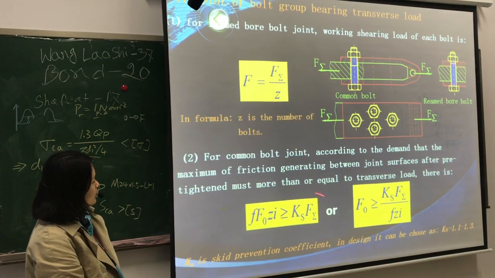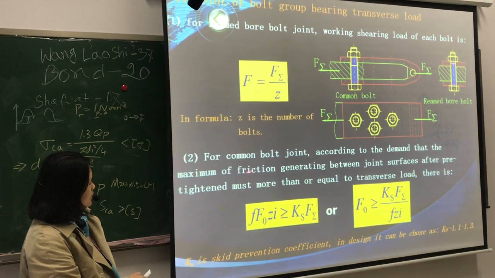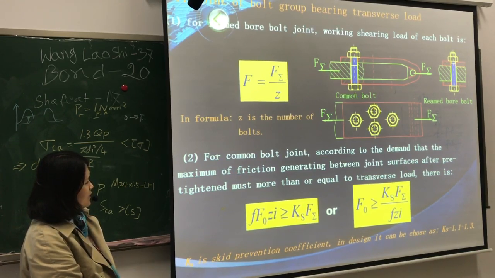Because for the ordinary bolt joint, the maximum friction should be more than the transverse load.